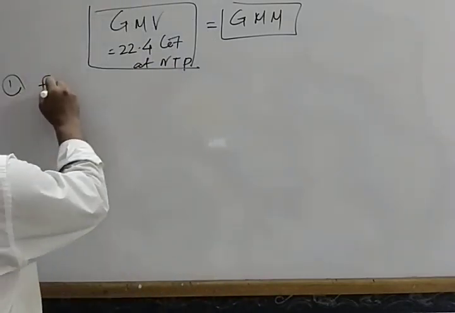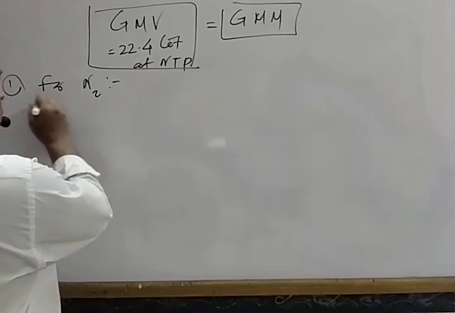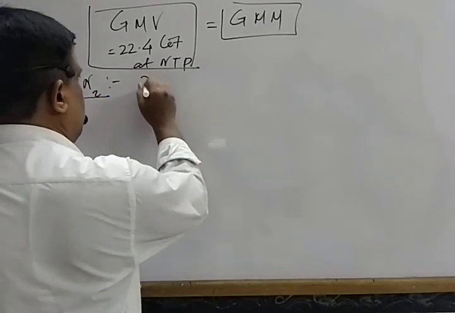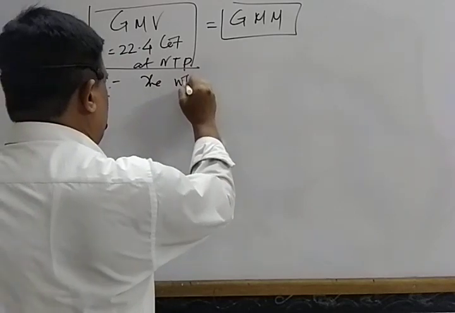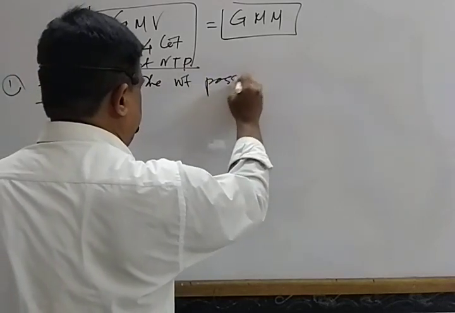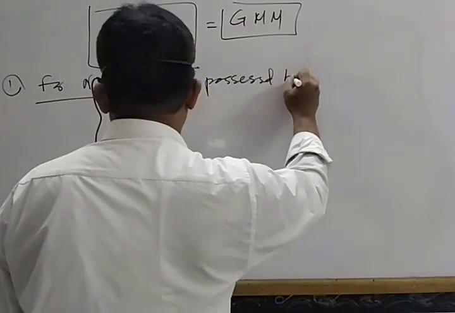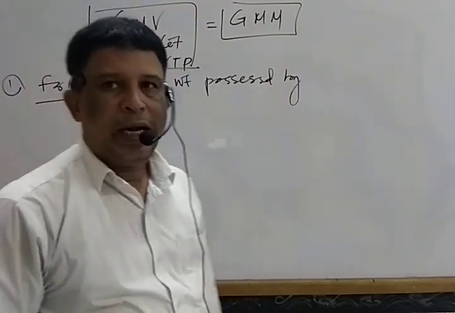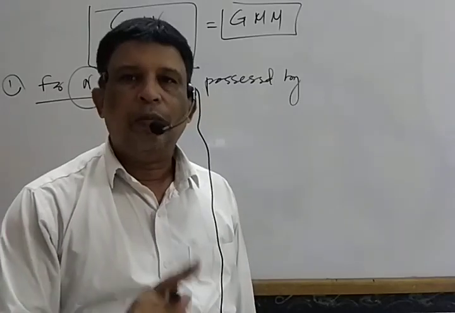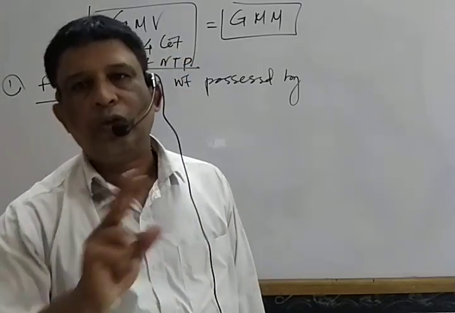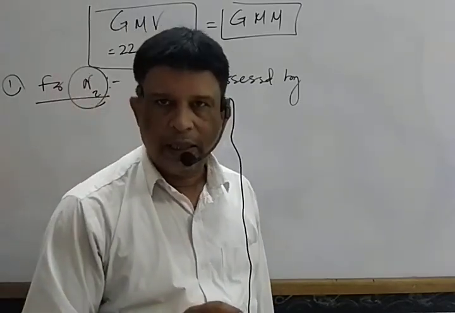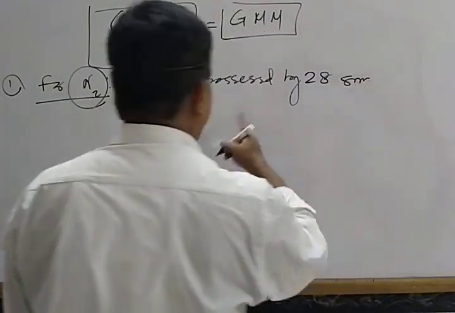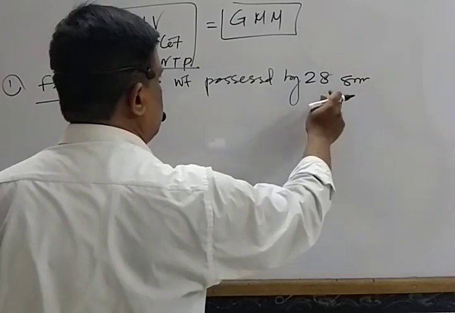Example 1, for the nitrogen molecule. That means the weight possessed by N2: the atomic number of nitrogen is 7, atomic mass is 14, as 2 nitrogen atoms are there, that is 28 gram, the weight of 28 gram.